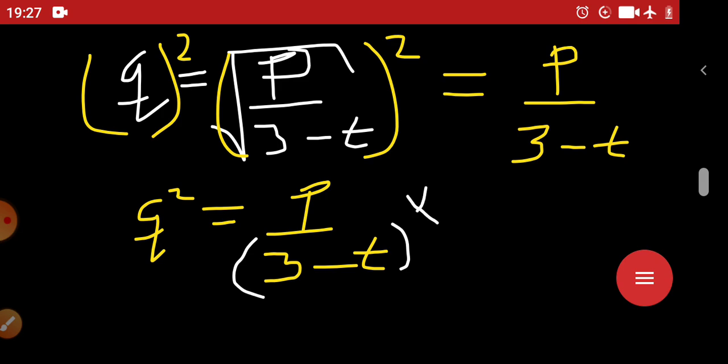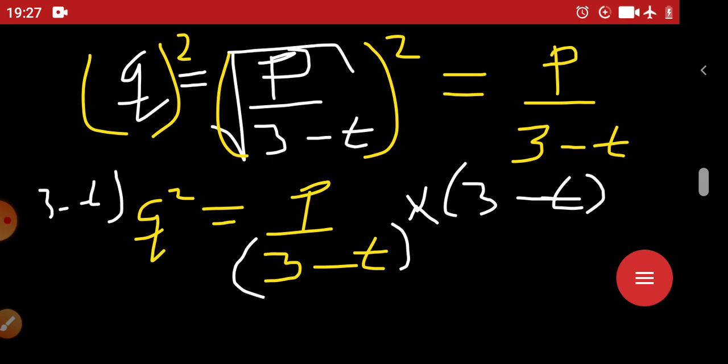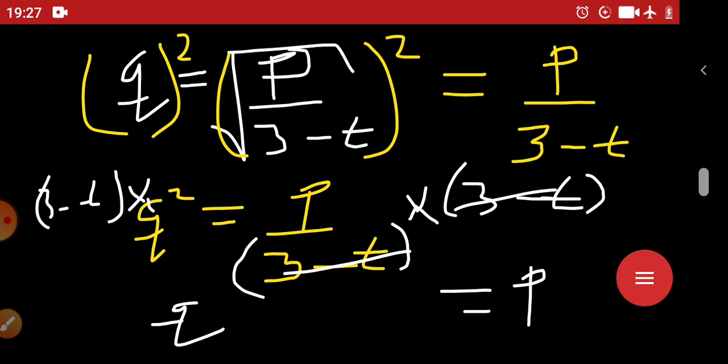So we multiply by 3 minus t both sides. So this would cancel this, and this side will be left with p, and this side will have q squared multiplying 3 minus t.